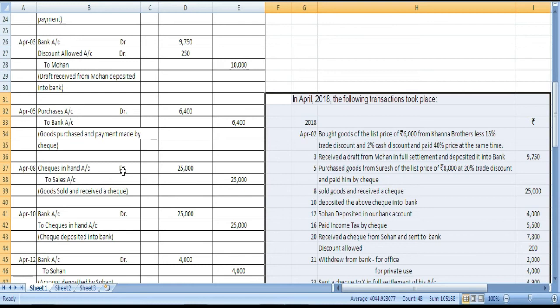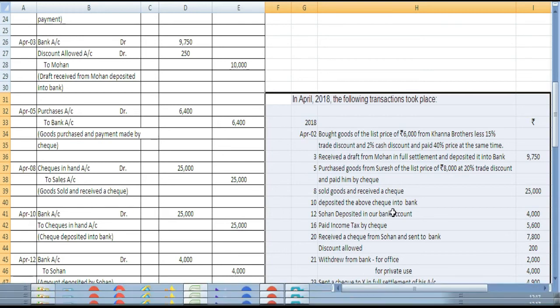So, when we receive we always write checks in hand, but when we pay by check we write bank. Like here we have made payment by check, we wrote to bank. Now, here we sold goods for 25,000 and received a check of 25,000. So, checks in hand will be debited because it is what we are receiving. And to sales account will be credited because sales is income as per the nominal account. Goods sold and received a check.